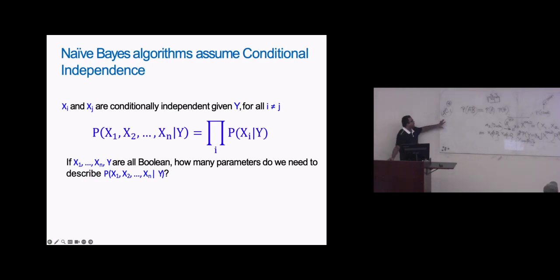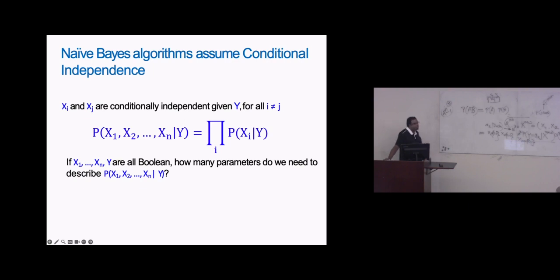So now, instead of 2 to the power n minus 1, here we just have 2 variables. But if we had n variables, how many probabilities do we need to compute? n square?